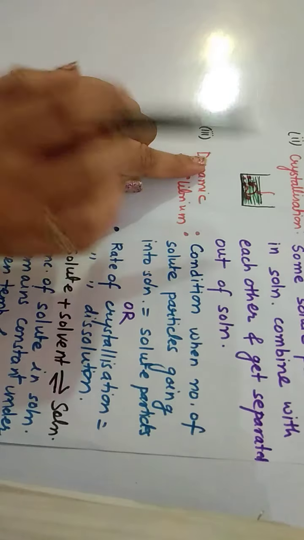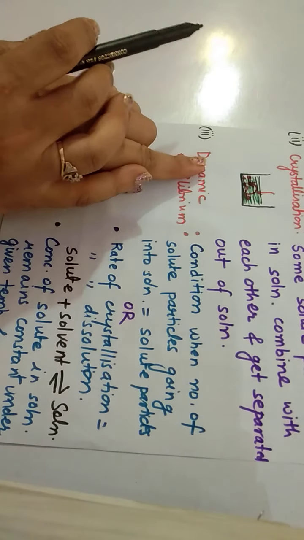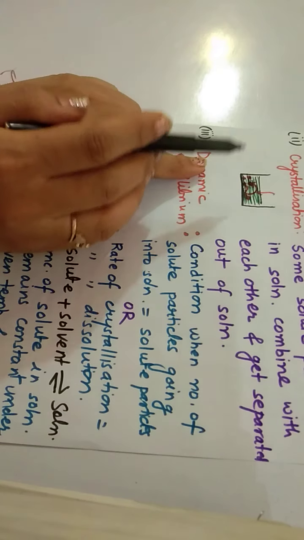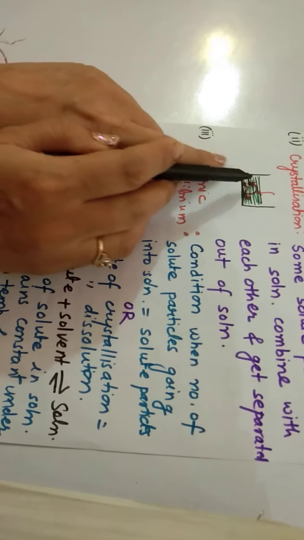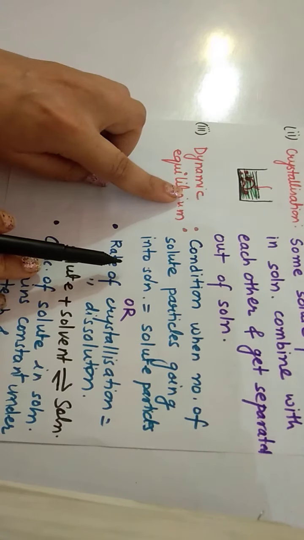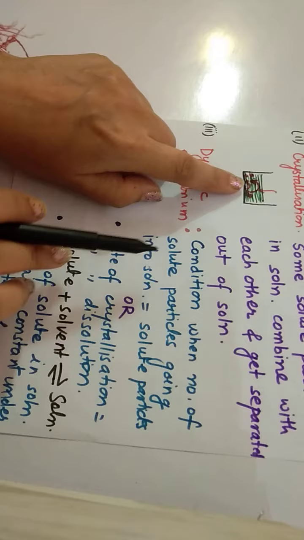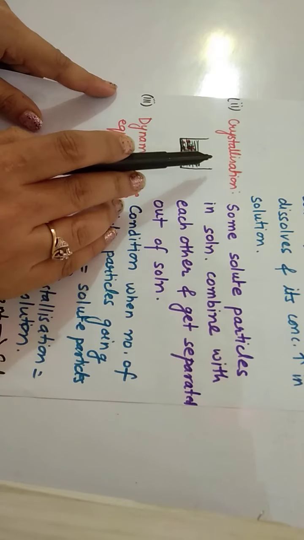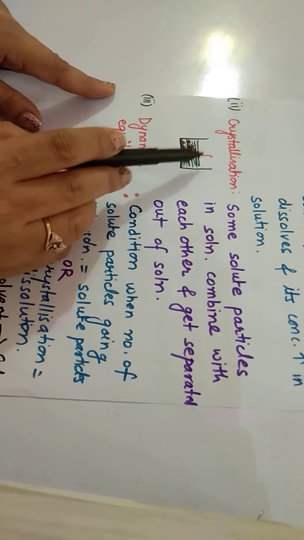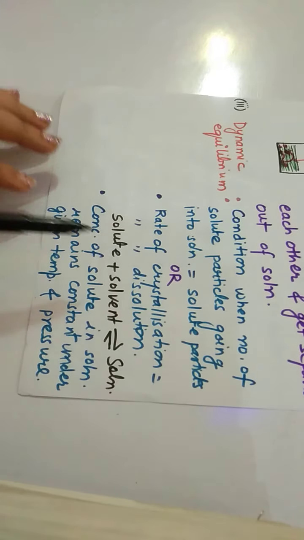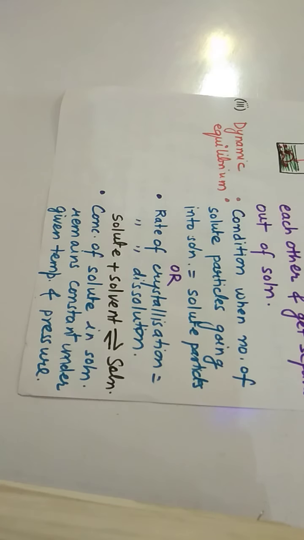When the rate of dissolution, the number of solute particles going into the solution, becomes equal to the rate of crystallization, the number of solute particles moving out of the solution forming crystals, that is the state of dynamic equilibrium.